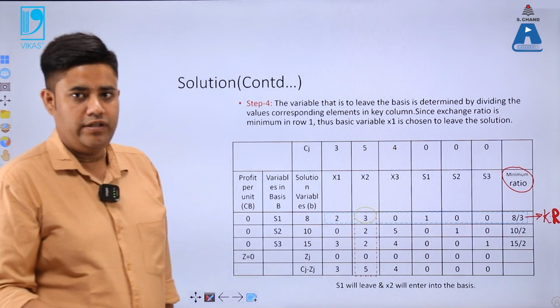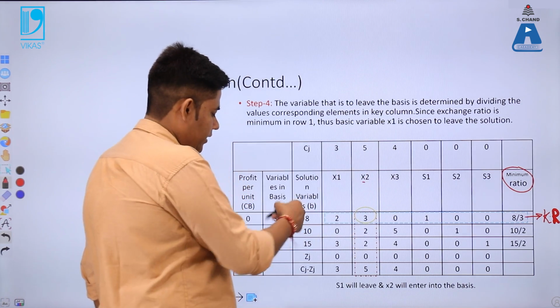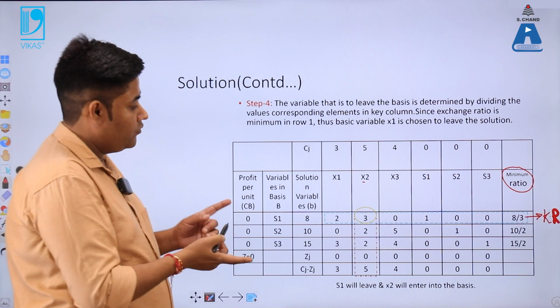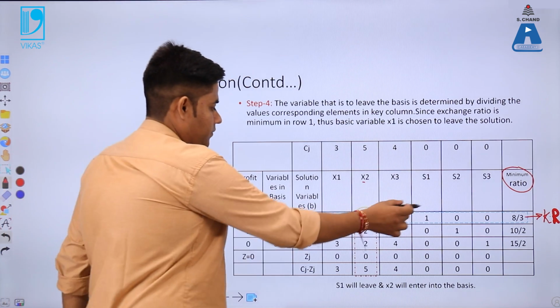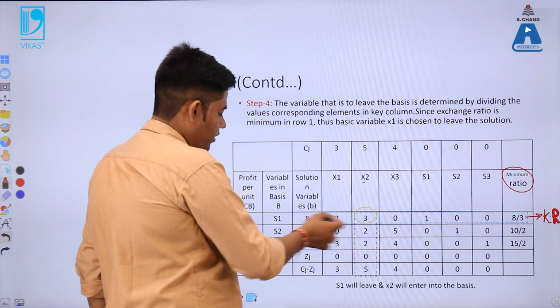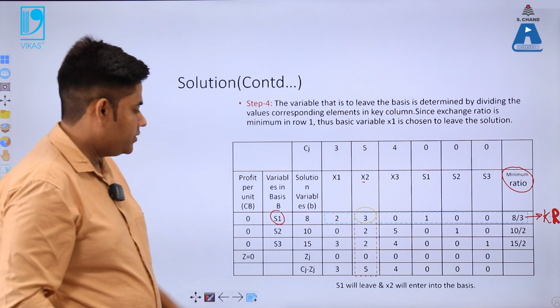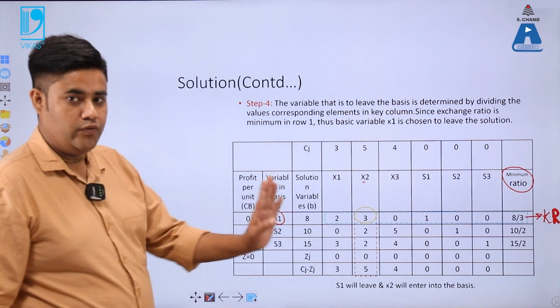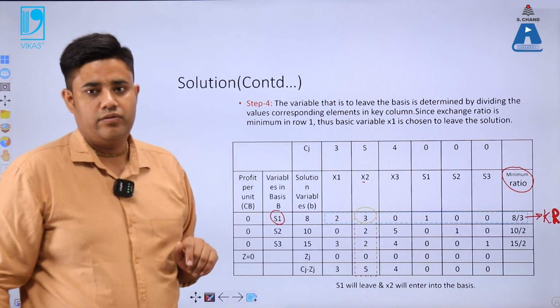Now what is the usage of the key column and key row? The key column will tell you that x2 will enter into this system, and which slack variable will leave will be depicted by the key row. The first key row indicates that this is to be left. That means S1 is to be removed from the system and x2 is to be entered into the system.